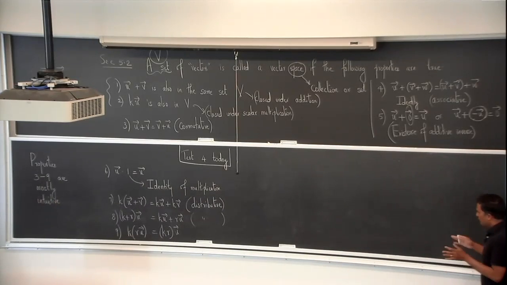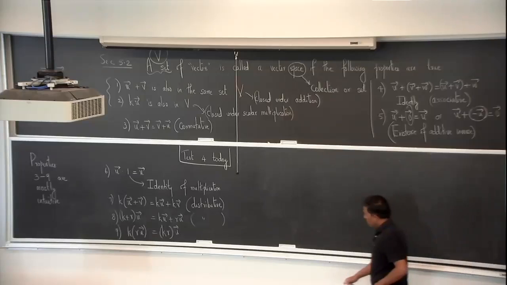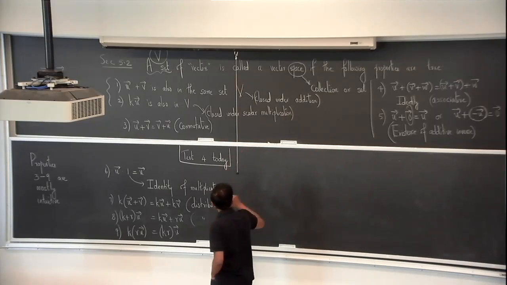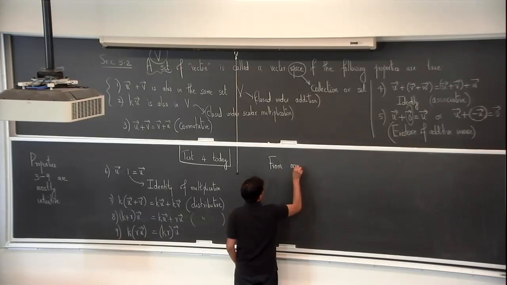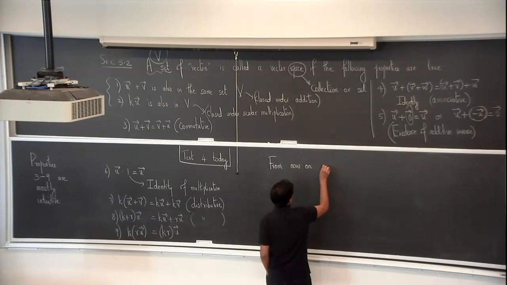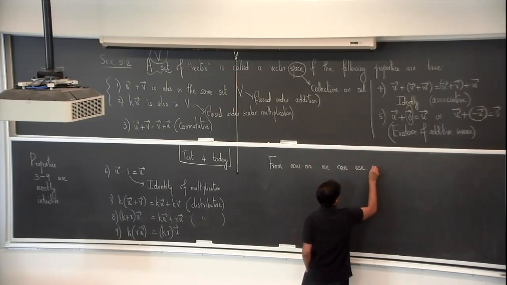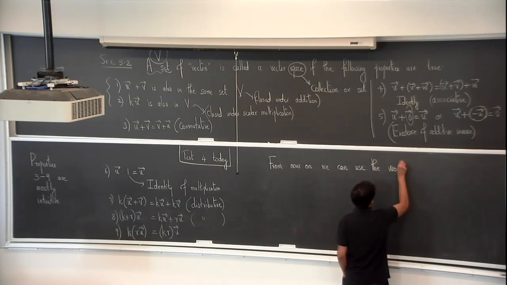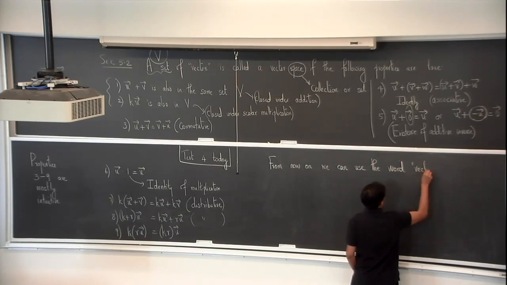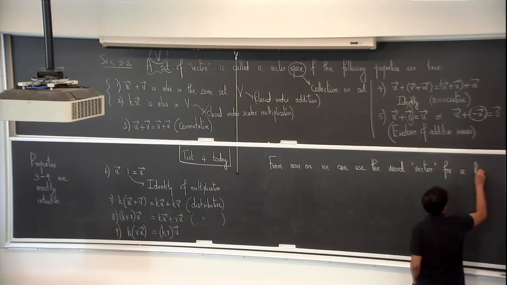Now, pay attention to what we are going to do next. Okay, we are still in the optional material, but the reason why I put those that were vectors in quotes is because from now on, we can use the word vector for a lot of other mathematical objects.